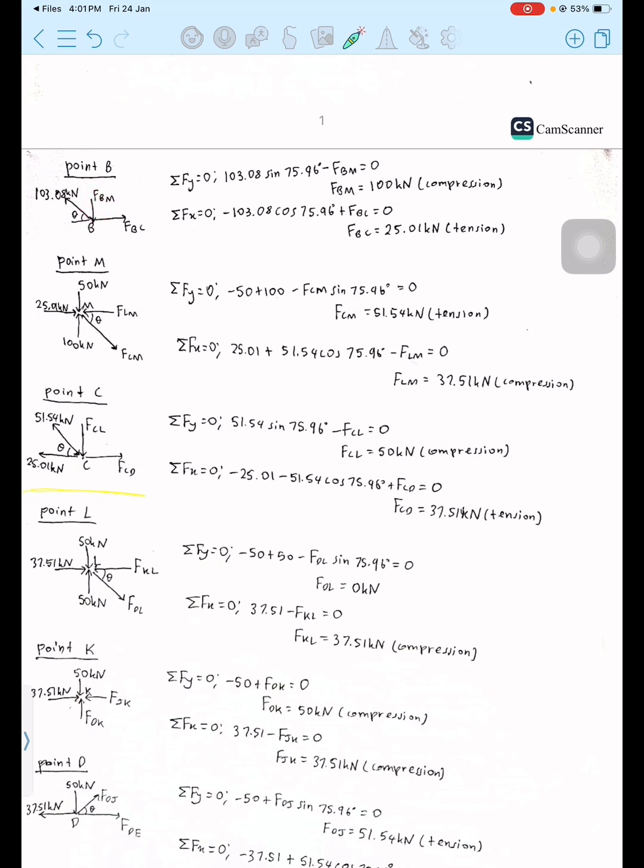So we get FBM equal to 100 kilonewton, and it is compression. Then we find FBC using sum of Fx equals 0: negative 103.08 cos 75.96 plus FBC equals 0. Then we get FBC equal to 35.01 kilonewton, and it is tension.